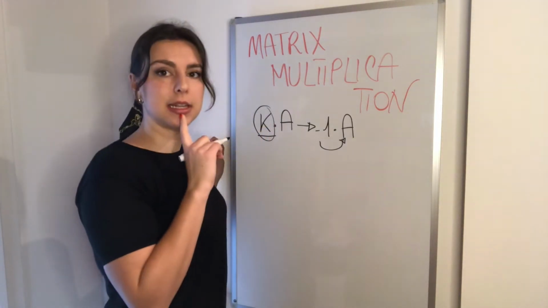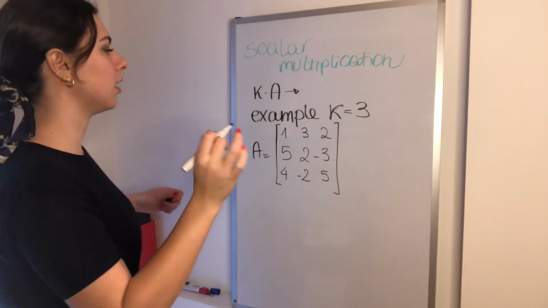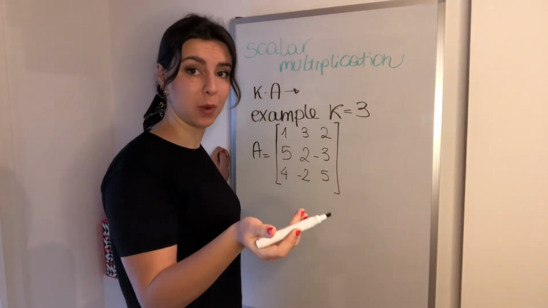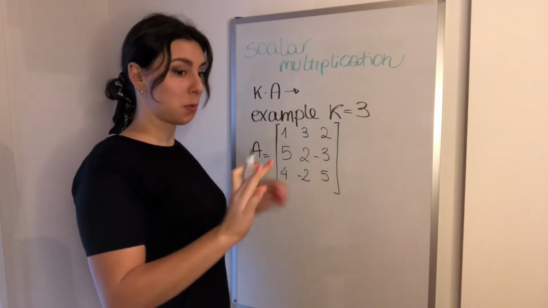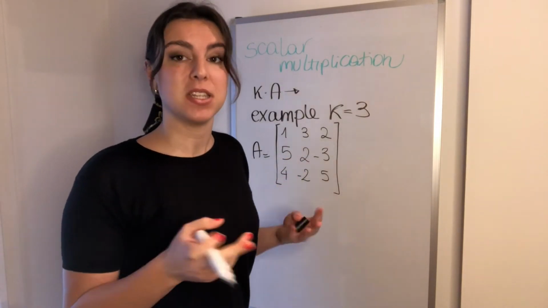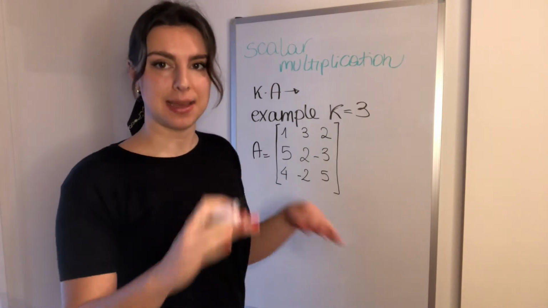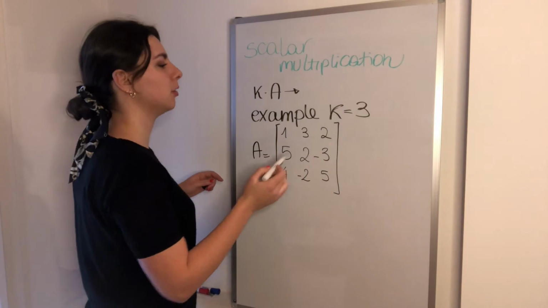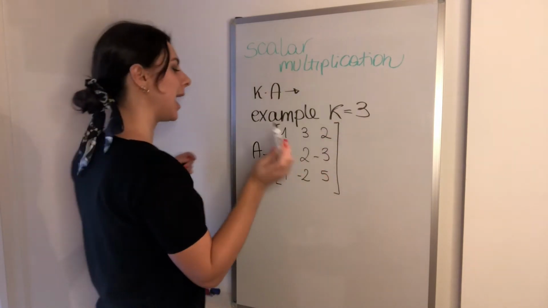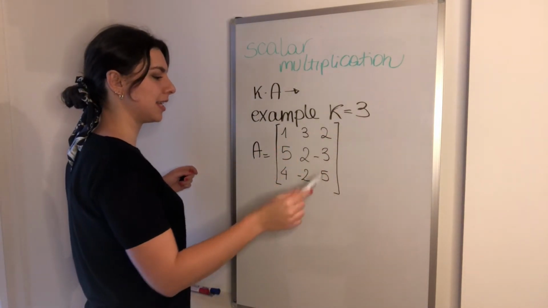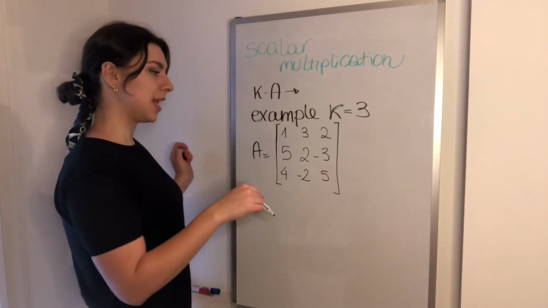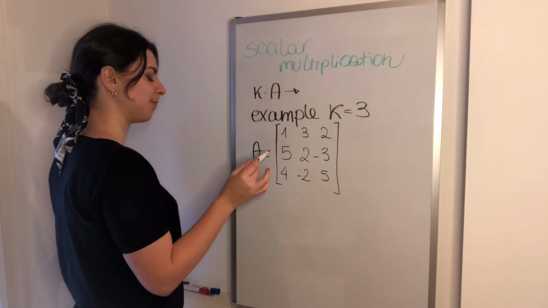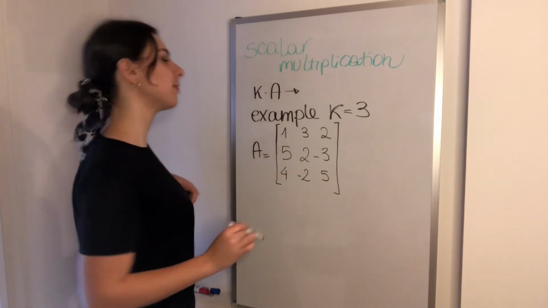So let's give an example. In this case, for example, we have that K is equal to 3. I just chose 3. It doesn't have any particular meaning. It could be any number, even a negative number. So we have K equal to 3, and A is a 3 by 3 matrix, and this is it.